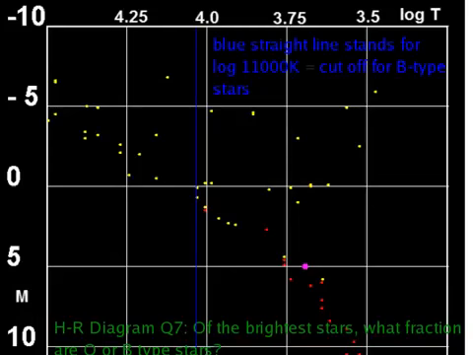First of all, we need the number of the O or B-type stars among the brightest ones. Would you count the stars to the left or to the right of the blue 10,000 or 11,000 K line?